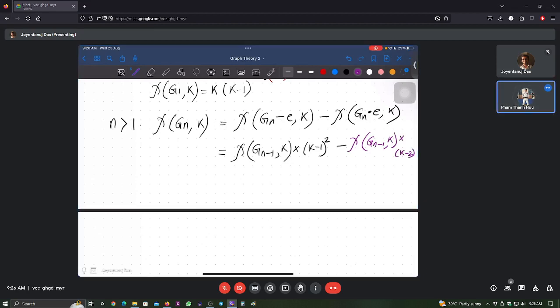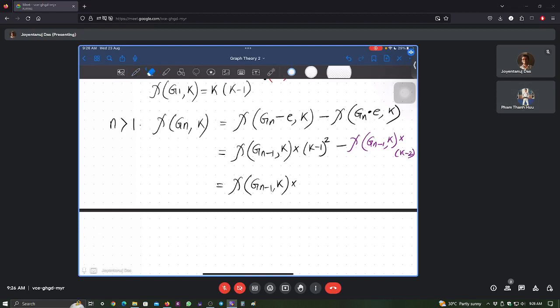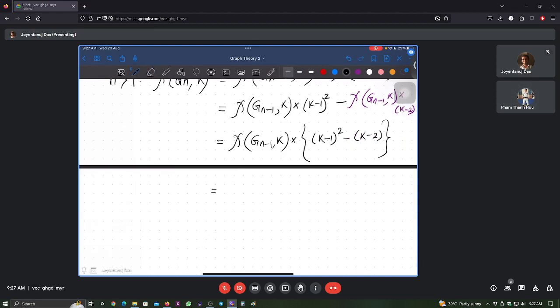Now both of them have the first part in common, the chromatic polynomial of Gn minus 1 comma k, times k minus 1 whole squared minus k minus 2. So how much is that?